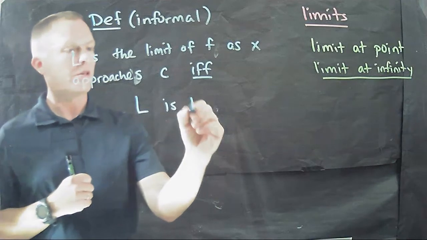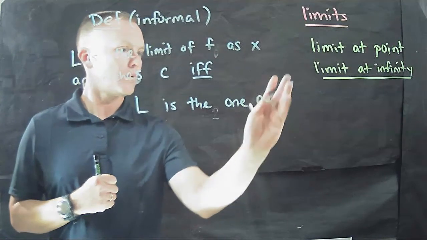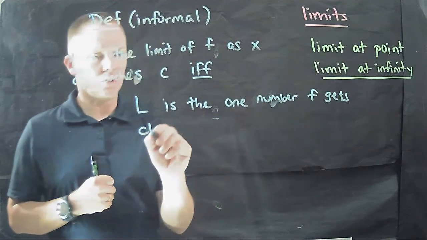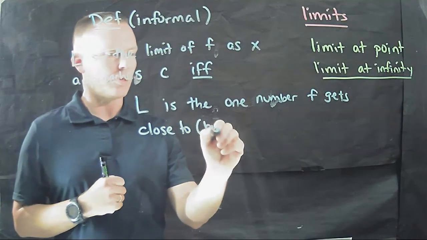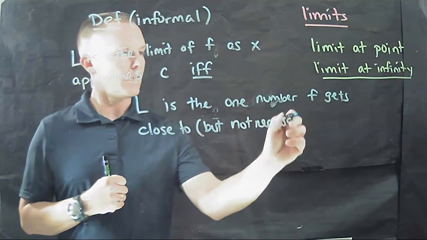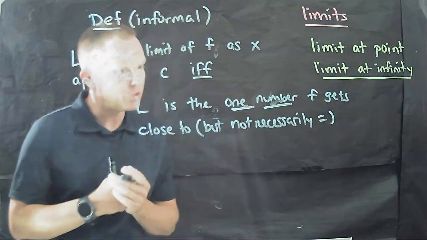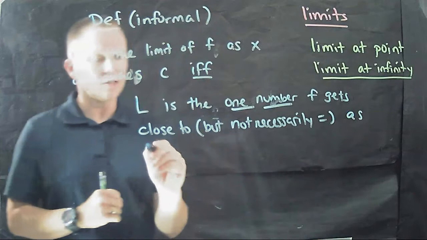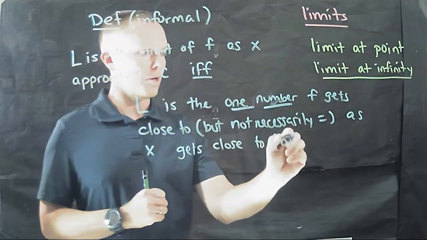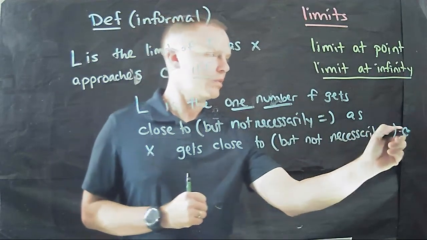L is the one number f gets close to, but not necessarily equal to, as x gets close to, but not necessarily equal to, c.